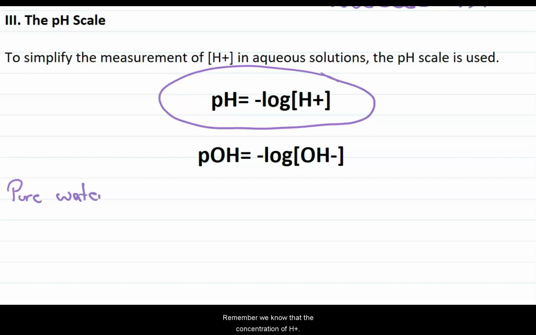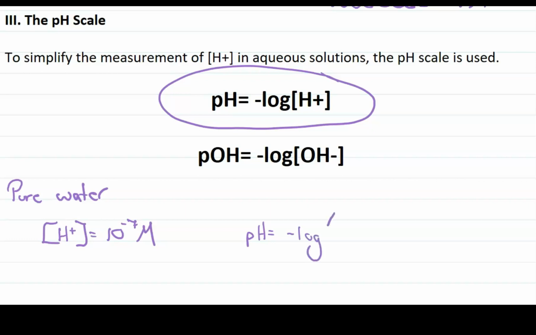remember we know that the concentration of H plus is equal to 10 to the negative 7th molar. So the negative log of that number, or the pH, is equal to the negative log of 10 to the negative 7.